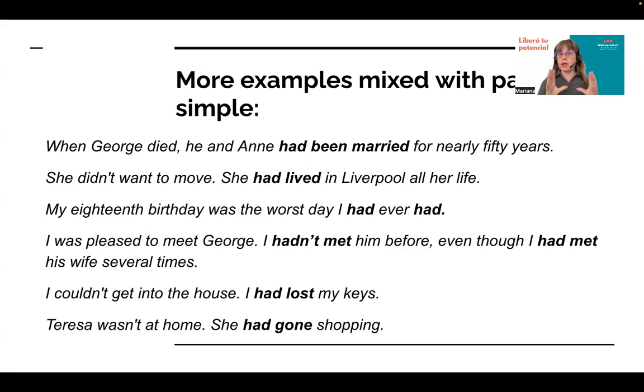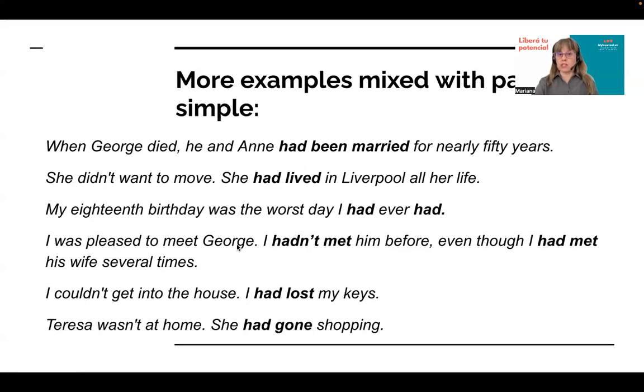We're always talking about a narrative tense, when we tell stories and we narrate and use tenses in combination. These are typical situations and combinations of narrations, past simple and past perfect. My 18th birthday was the worst I had ever had. Again, talking about something that happened in the past.